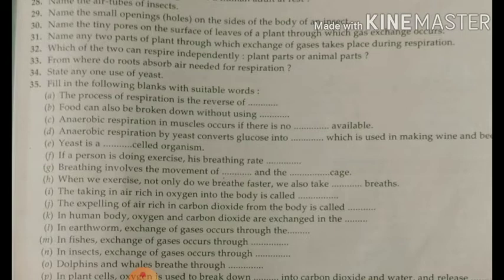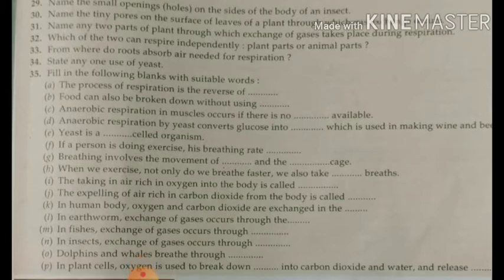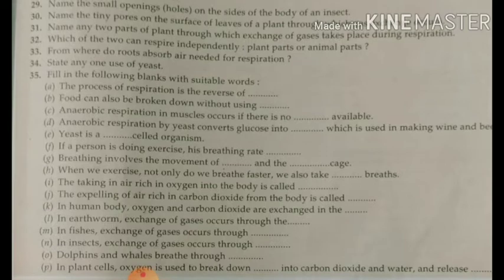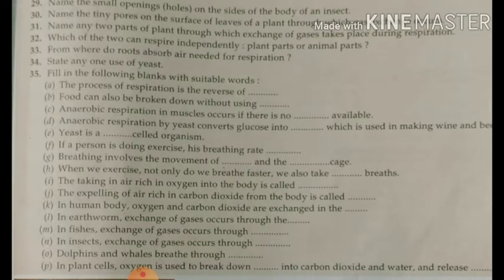Then question number 34. State any one use of yeast. Yeast is used in the production of alcohol. Then question number 35. Fill in the blanks with suitable words. First one, the process of respiration is the reverse of photosynthesis.